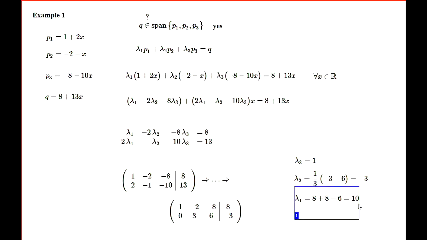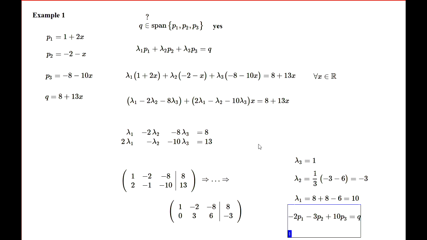That's the correct coefficient. Yeah. Any objections to my arithmetic? So we can express my Q polynomial as a combination of my P polynomials, even though I have to correct my coefficients. It should be -3 here, and it should be 10 in here. This is the expression for that Q.